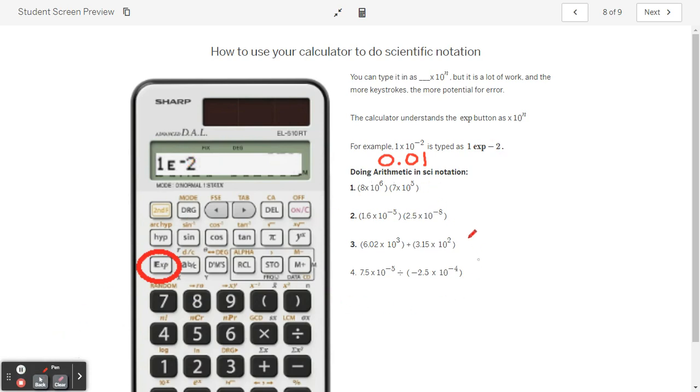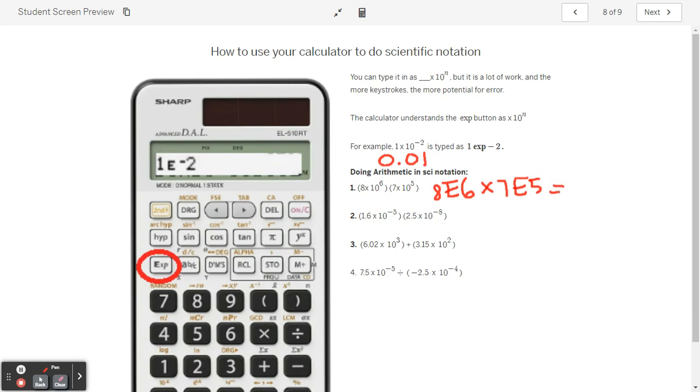Now, I want you to try doing these in your calculator. You're going to type in 8e6, so E is the exponent button, times 7e5.